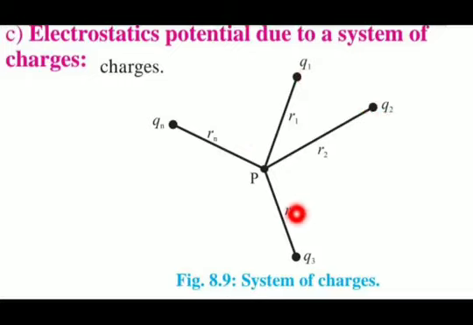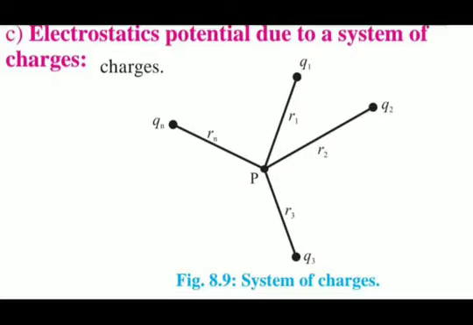q1, q2, q3 up to qn at distances r1, r2, r3 up to rn respectively from point P. Okay, this point is nothing but P. The potential V1 at P due to the charge Q: just now we have done the derivation that V itself is 1 upon 4 pi epsilon naught Q upon r.